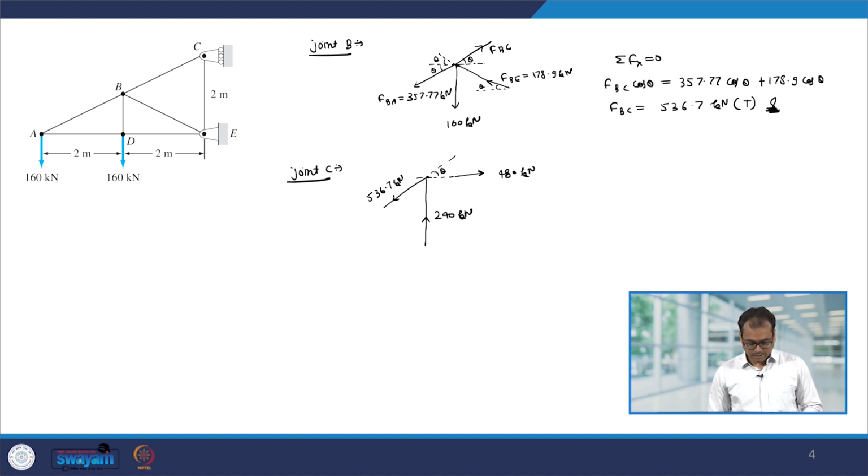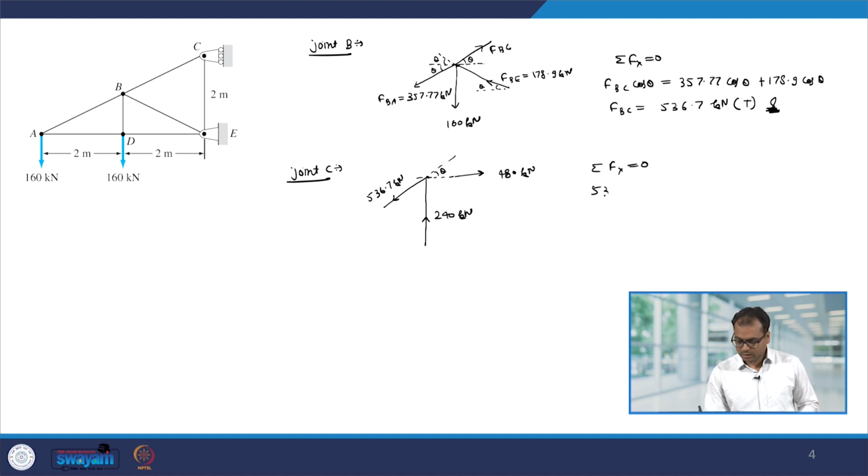So, now let us use the force balance along the x direction. Here we do not need to find anything because all the parameters are given. Let us see whether the summation Fx and summation Fy equations are satisfied for joint C or not. So, let us use summation Fx equal to 0.